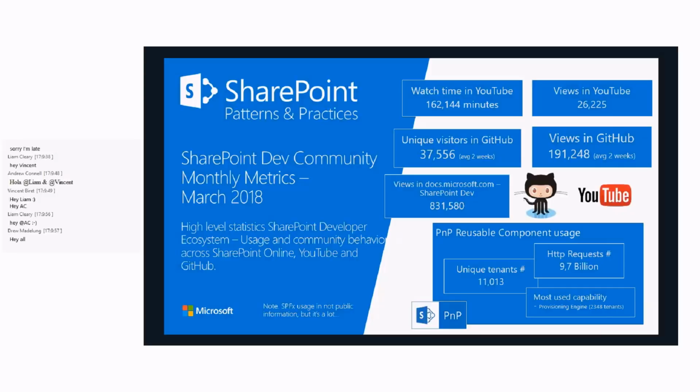That's growing quite rapidly as well. We'll probably break 1 million views on the SharePoint Dev Docs on docs.microsoft.com by the end of May, is currently my estimate. And on the PnP Classic reusable components usage, we broke 11,000 tenants within March, and we will break 10 billion requests in April, which is pretty cool.